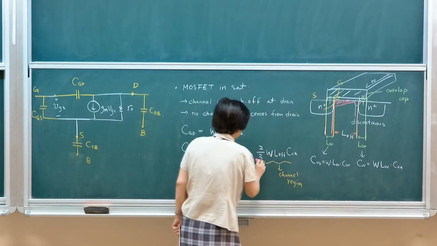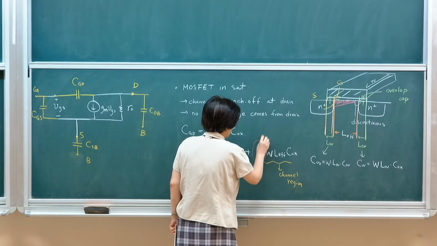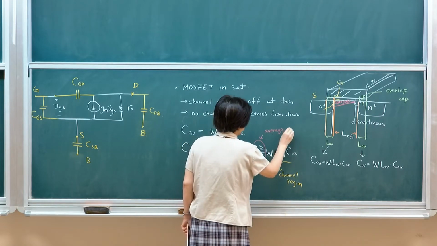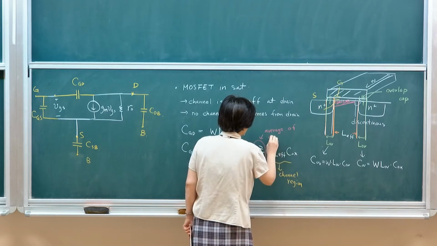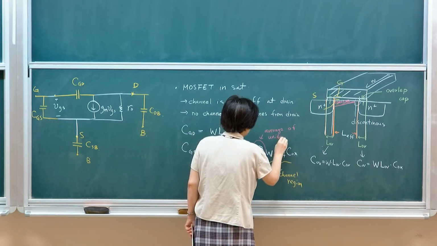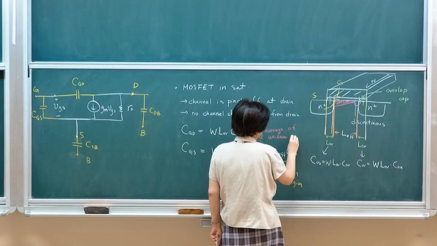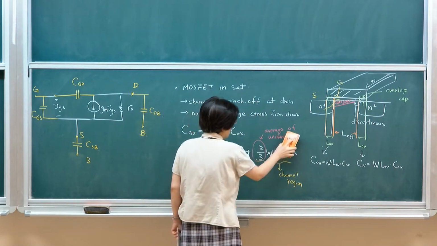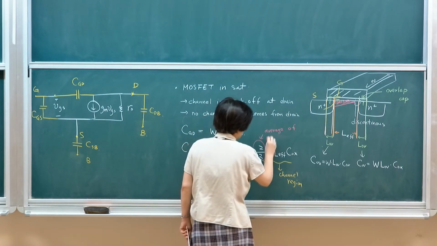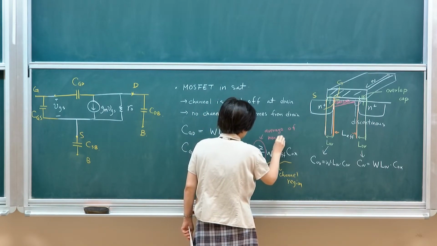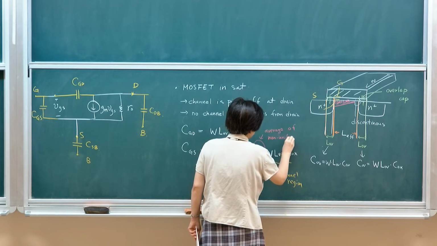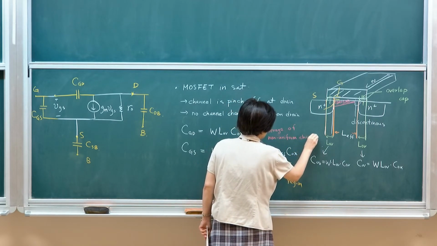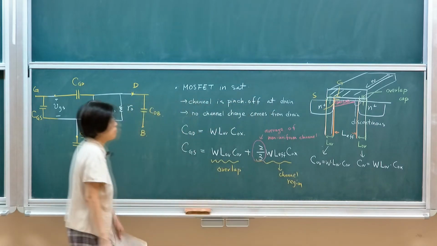And the 2/3 comes from the average of a non-uniform channel, because we know that this inversion channel is non-uniform. Okay, good.